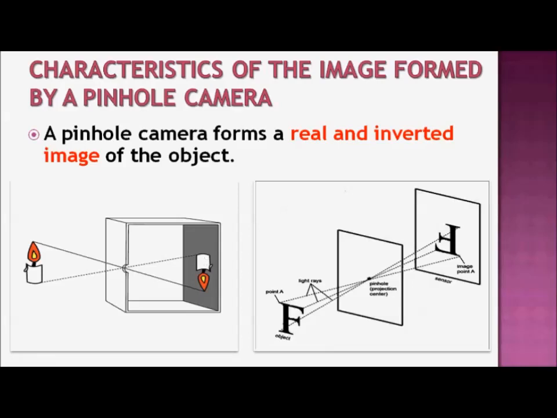And one more point is that if the pinhole is kept small, your image will be sharp and very clear. So this is about the characteristics of the image formed by a pinhole camera.